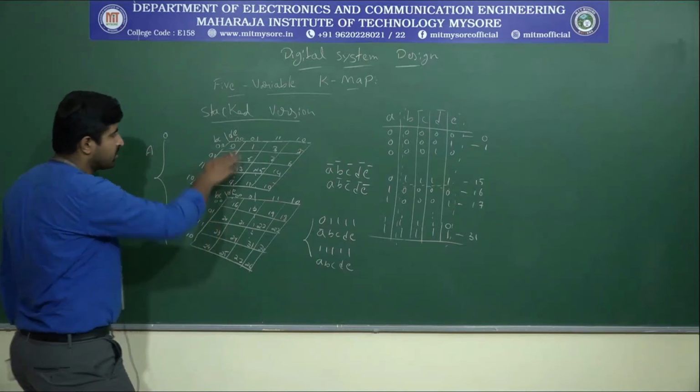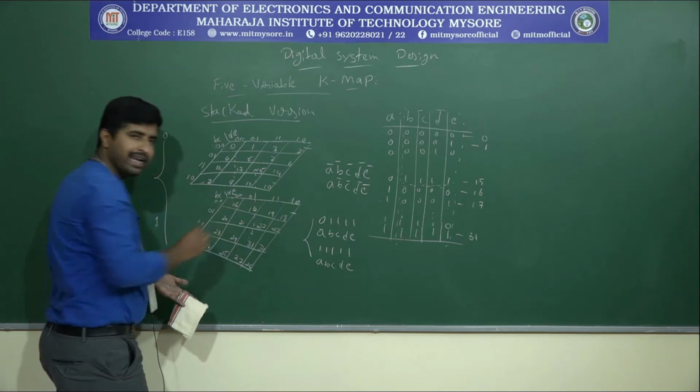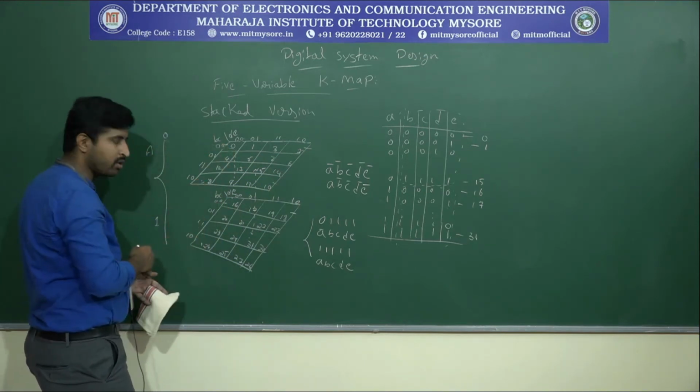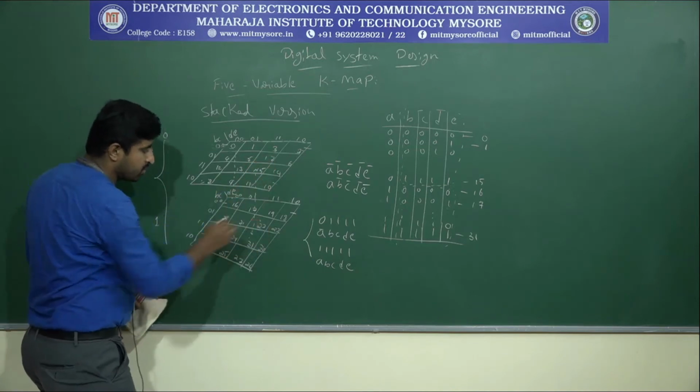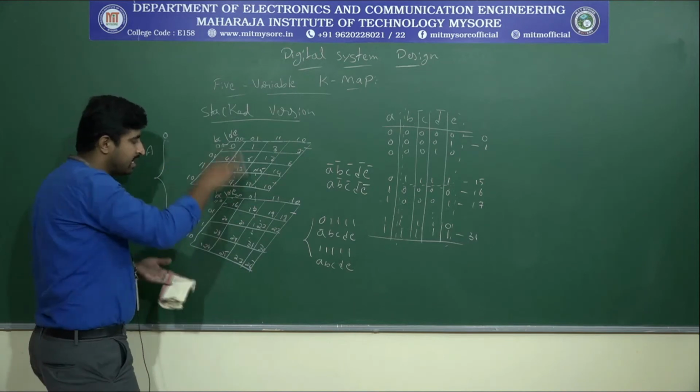Like this, one map will be stacked on the other, so 2 is adjacent to 18, 0 is adjacent to 16, 8 is adjacent to 24, 7 is adjacent to 23 and 10 is adjacent to 26, like this.